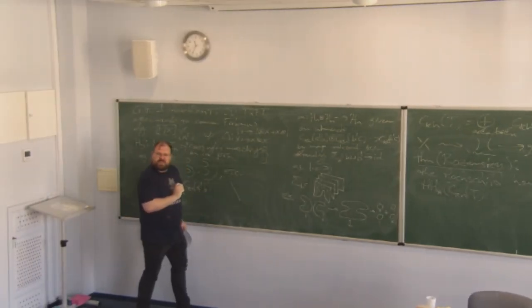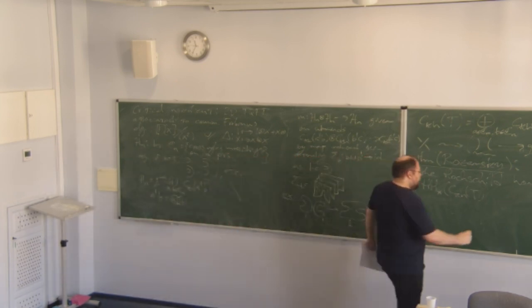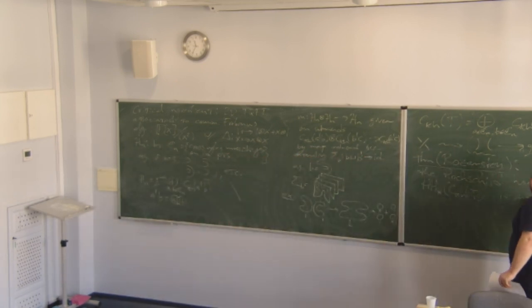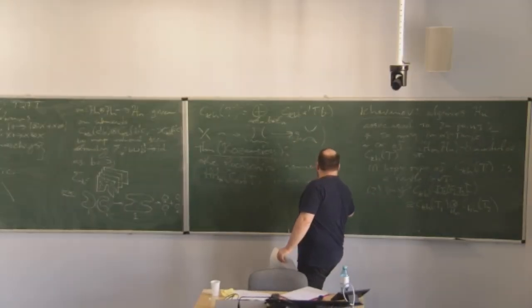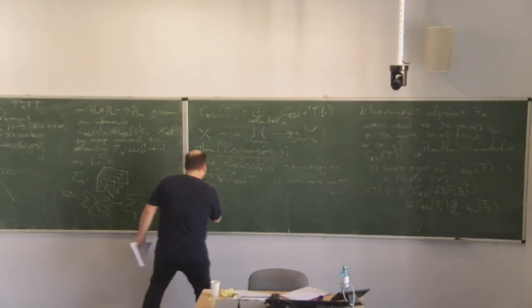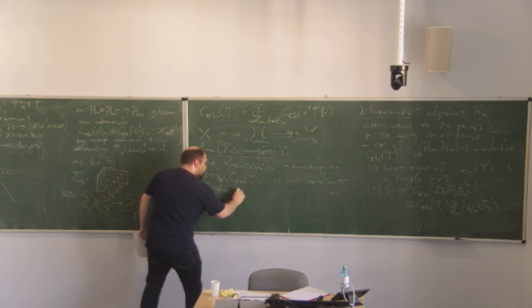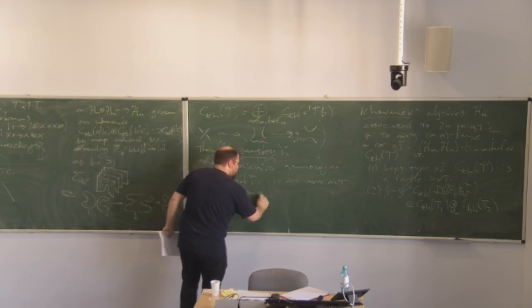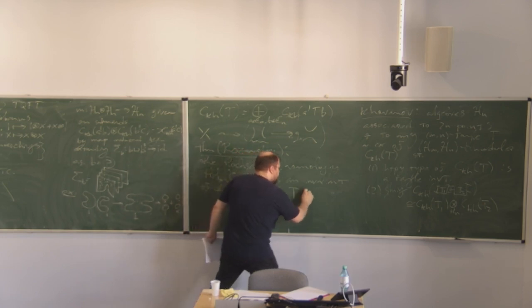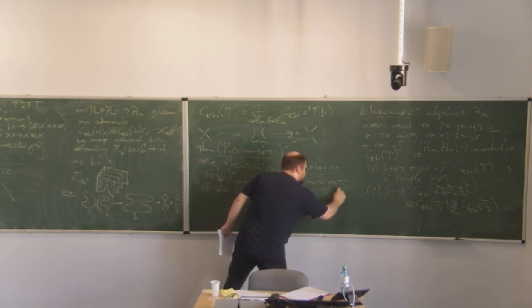Is that green visible to everyone on the board? Okay, great. This is an invariant of the closure of T in S^1 cross S^2.